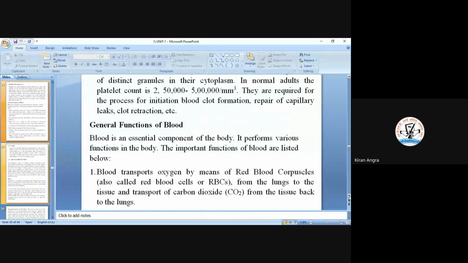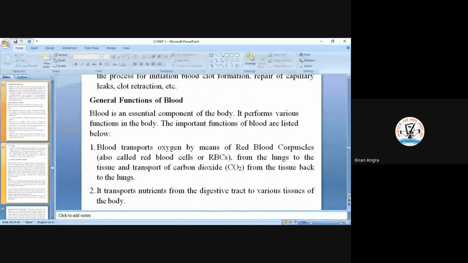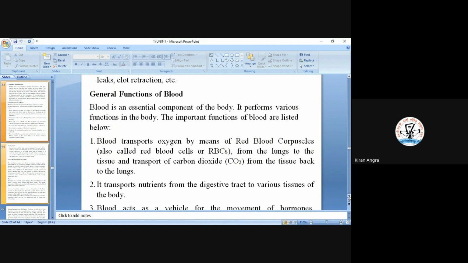What are the general functions of blood? We all understand they perform various functions. Blood transports oxygen by means of red blood corpuscles from the lungs to the tissues and transports carbon dioxide from tissues back to the lungs. It transports nutrients from the digestive system to various tissues of the body.